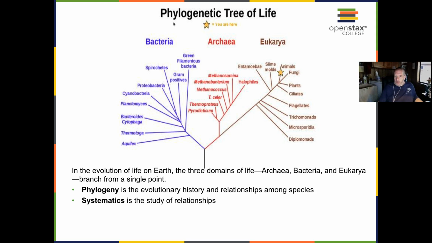Again, some more closely, like the wolf and the dog, some much more distantly, like the cat and the plant. But again, because of these common characteristics, we know these things have a common ancestor going back far enough in time.